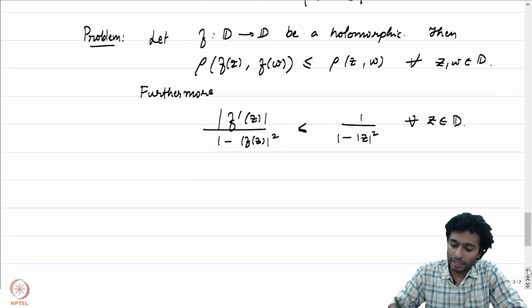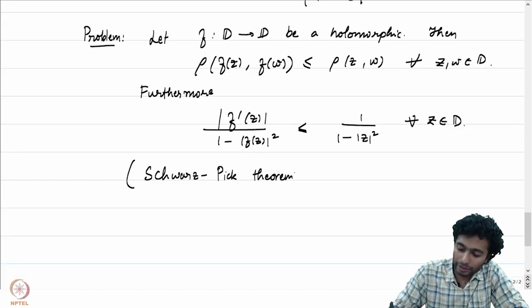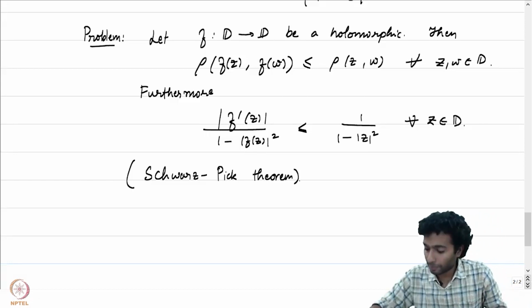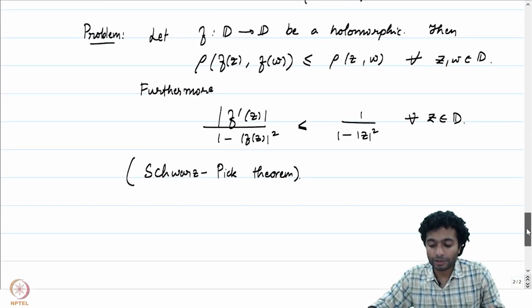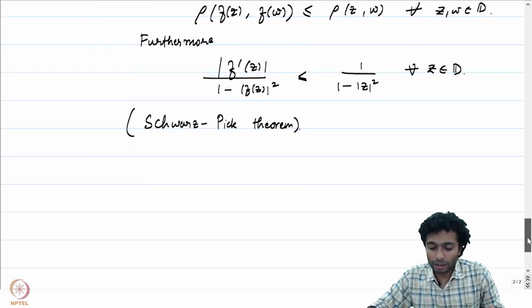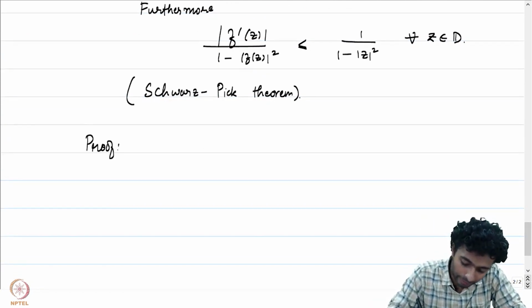Let me just note that this is what is called the Schwarz-Pick theorem, which you will certainly see later when you do some hyperbolic geometry and define the hyperbolic distance. Let's not discuss more about those things; rather, let's give a proof of this.